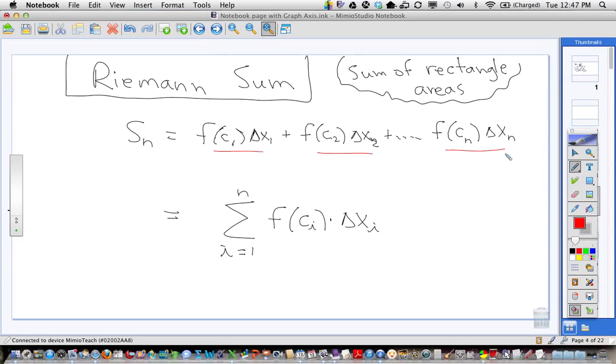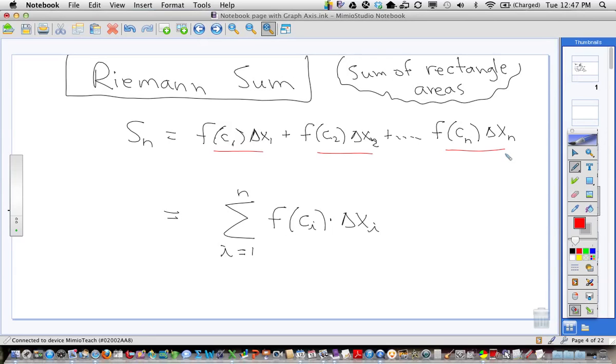So these last two wouldn't be midpoint rectangles or left or right rectangles. But they are rectangle heights in this subinterval. They just picked a point over here as what they call their sampling point. It's still a Riemann sum. If it's an adding up of rectangle areas, it's a Riemann sum. So it's kind of a technicality, but it's important to understand.